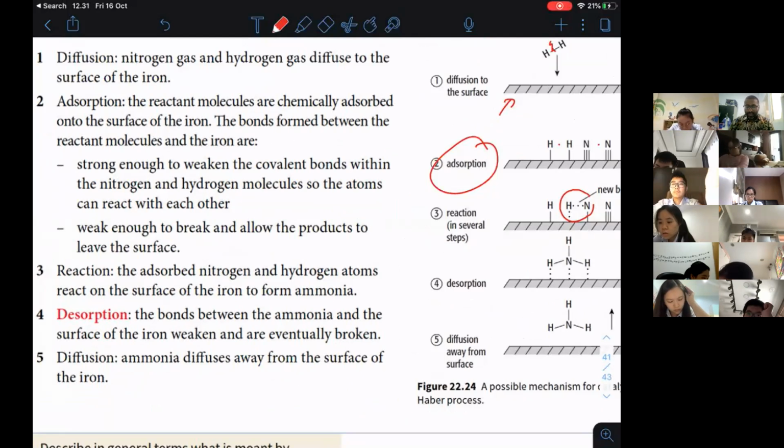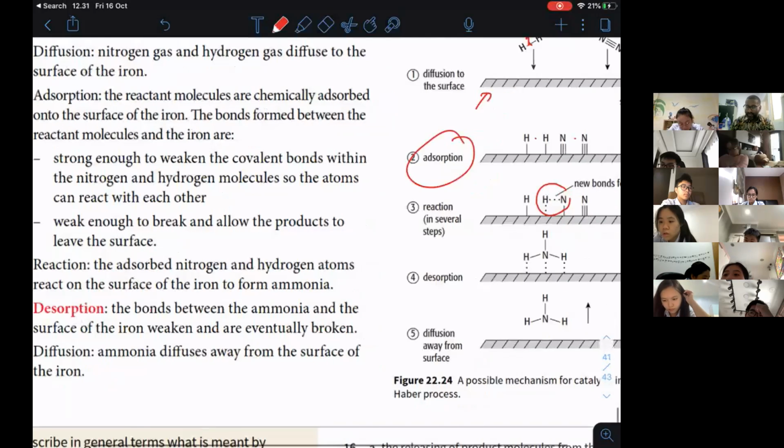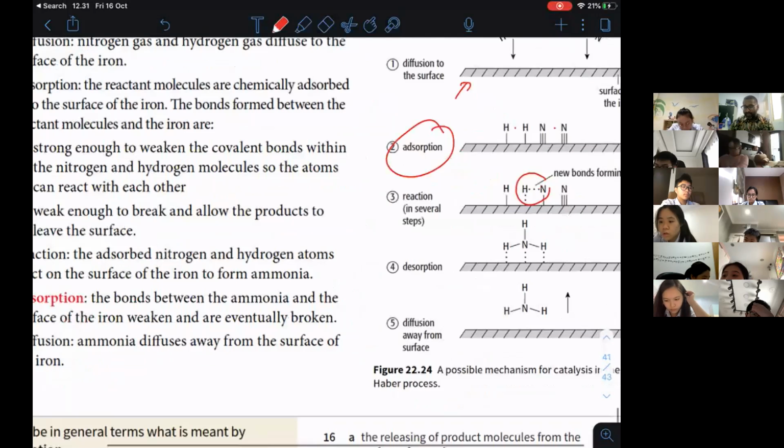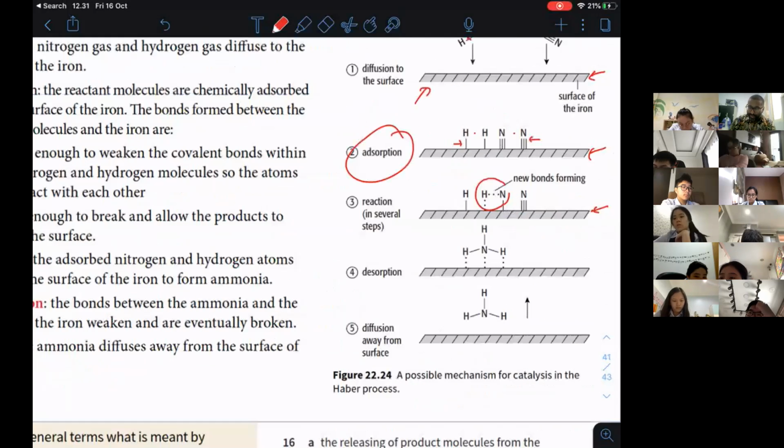It means the bond between the surface of the catalyst and the reactant is quite strong, until the bond between hydrogen and hydrogen, and nitrogen and nitrogen, can be broken. Once new bonds are formed, the bond to the catalyst is weak enough that they can break free from the catalyst.